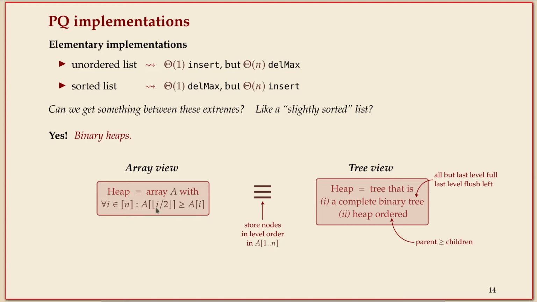We say every element further behind is smaller than the element at half of its position. Sounds like a completely weird and useless definition, but that's one way to define a heap in the array notation. And the other is a heap ordered binary tree, and we'll come to that in a second.